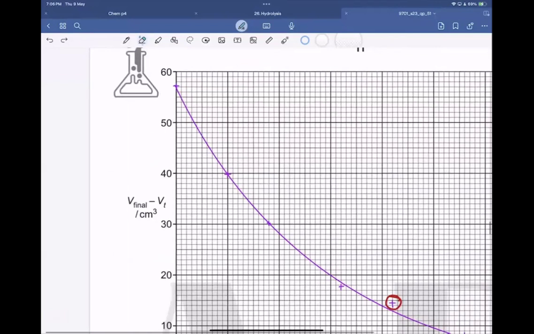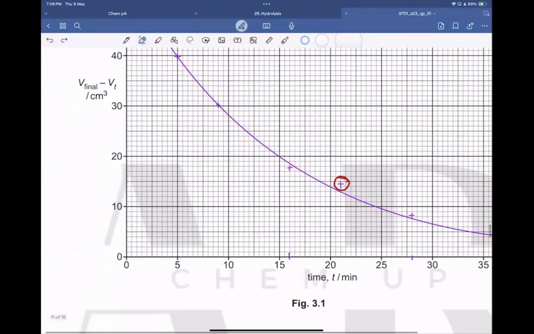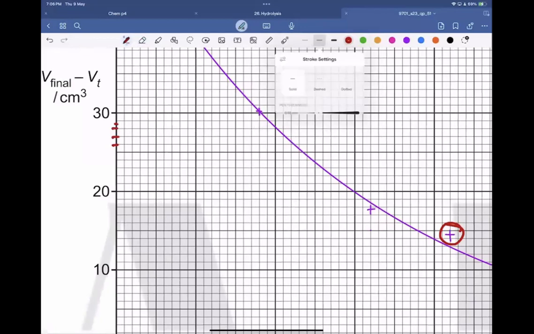So can anyone take the half of 57.2? It's 28.6, right? So 28.6 is going to be over here.